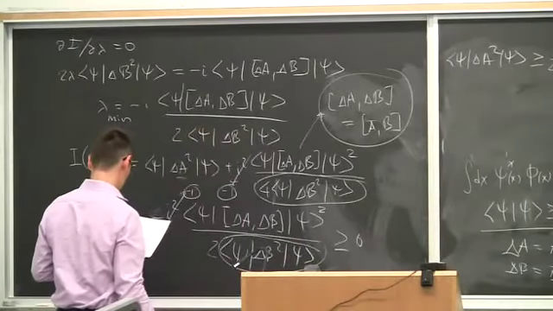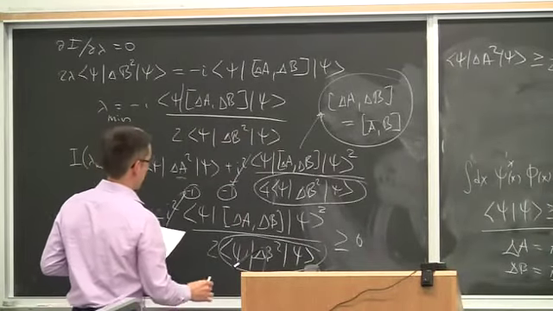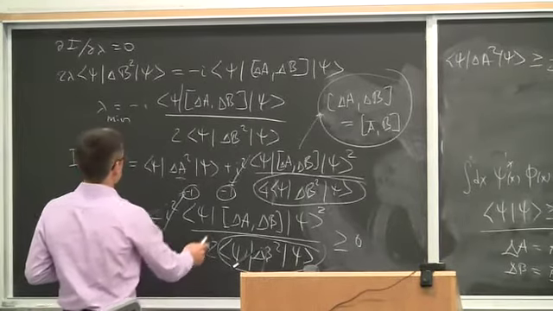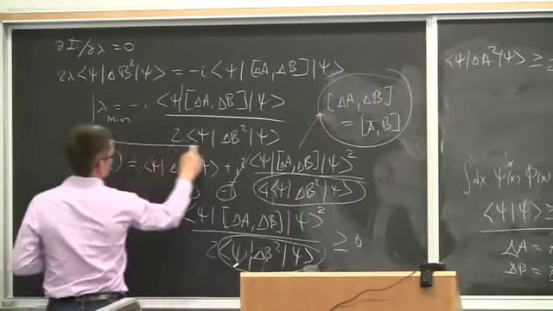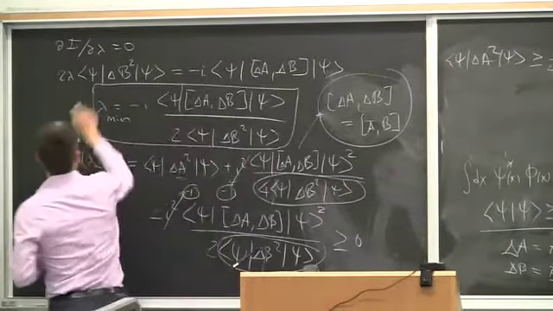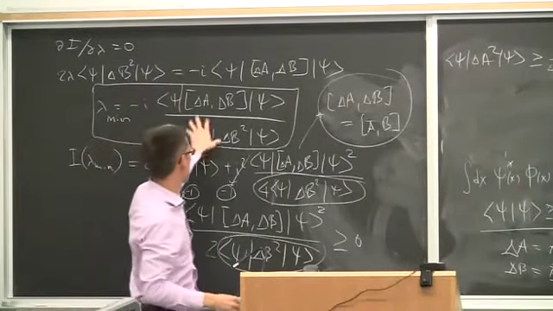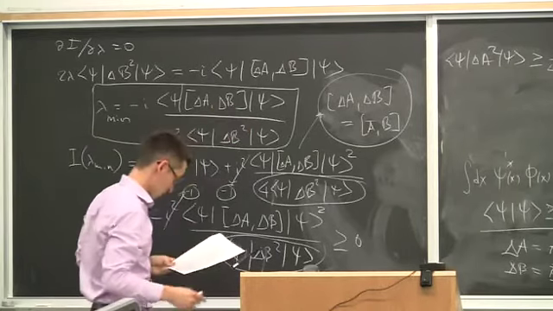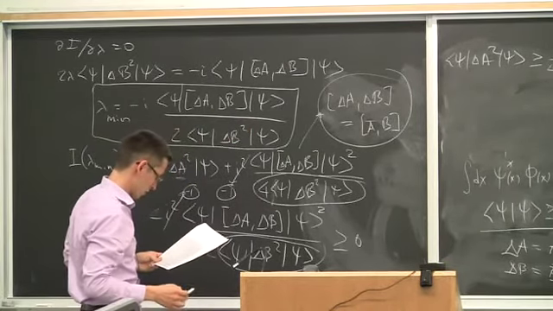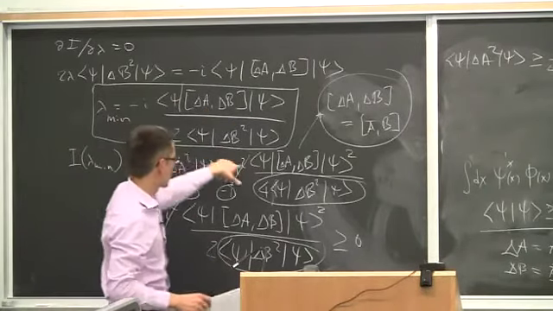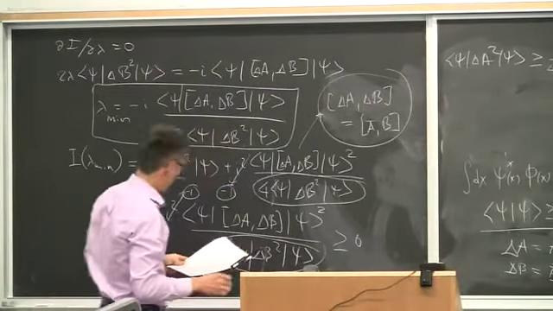If you do everything correctly and put this lambda into the expression, that expression already had the commutator of delta A and delta B, so then the commutators will be squared.